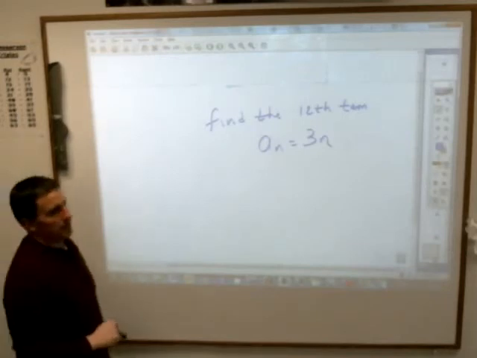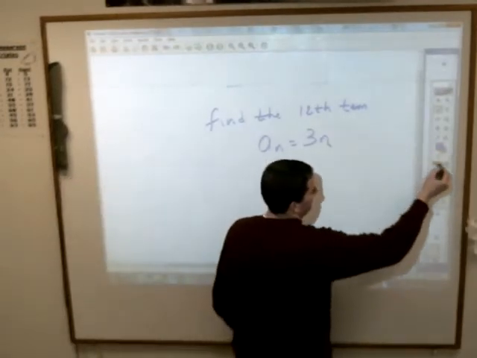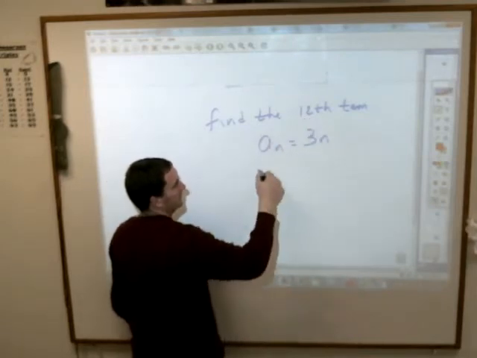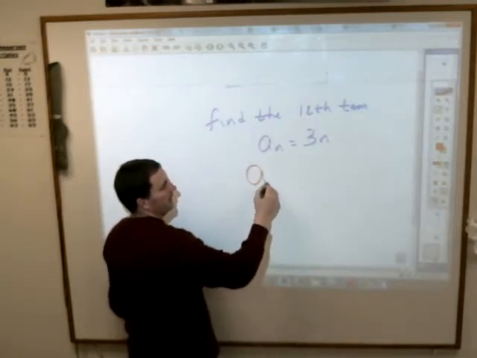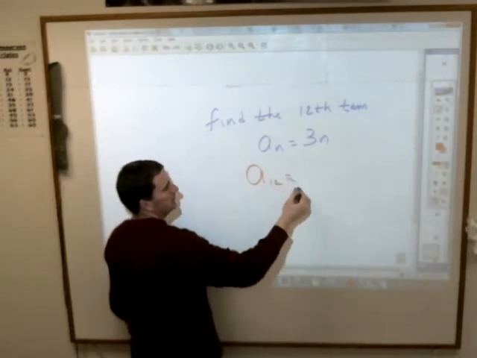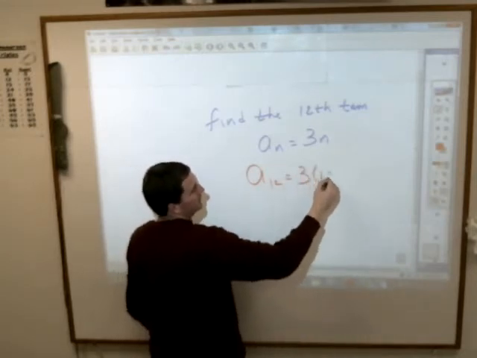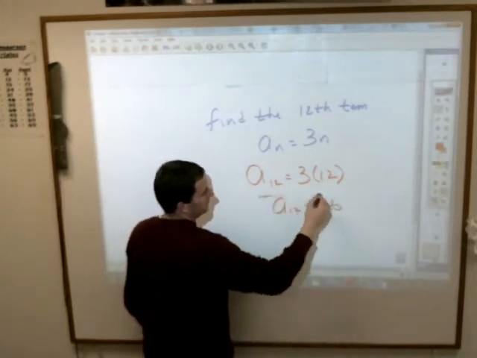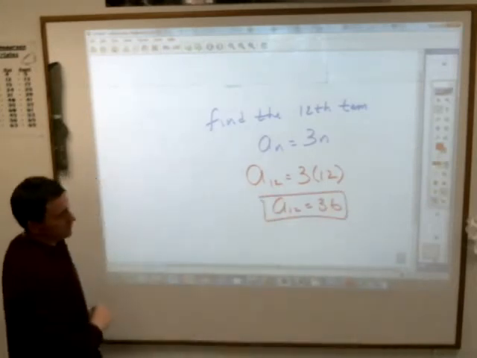If you were substituting things in the way you probably should be, you would put 12 in for the letter n. So you'd read it like this: the value of the 12th term equals whatever 3 times 12 is, which is 36. That technically would be the way you would write that.